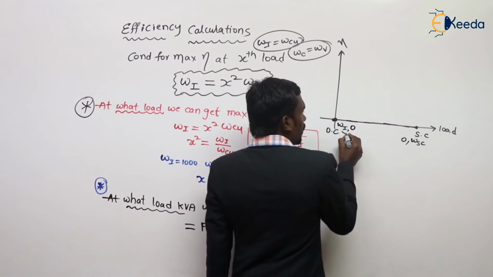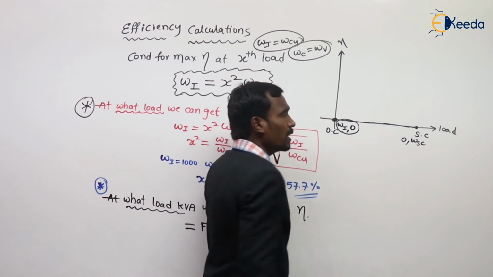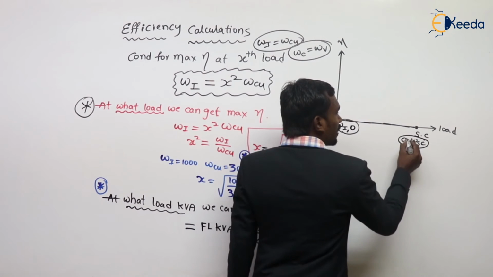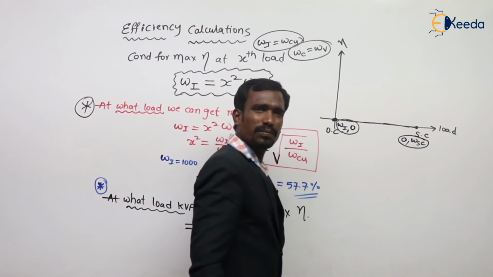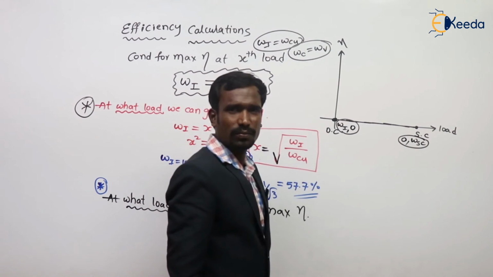Here, iron losses are full and copper losses are zero. Here, mostly iron is short circuited, that's why. At short circuit condition, iron loss is zero and that is the short circuit losses.